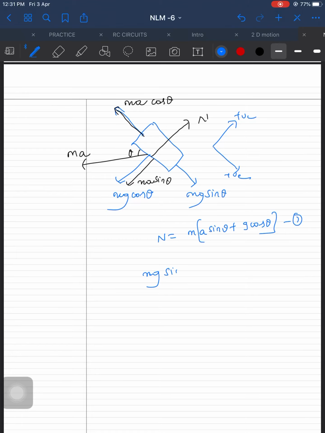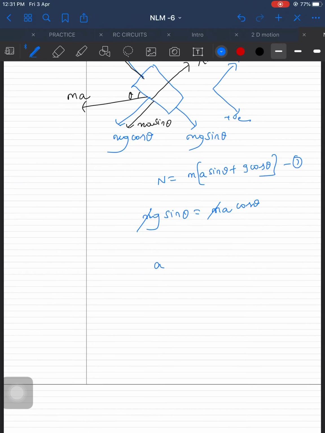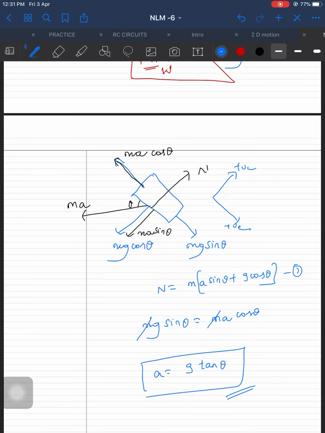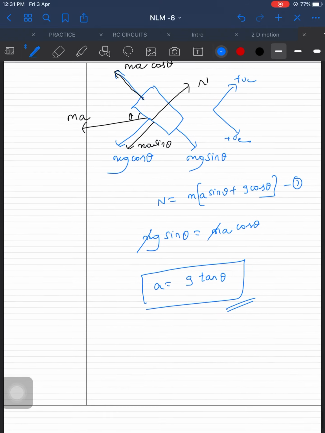Okay, and next mg sin theta is equal to ma cos theta. m gets cancelled, a is equal to g tan theta. If a is equal to g tan theta, then the body doesn't move.